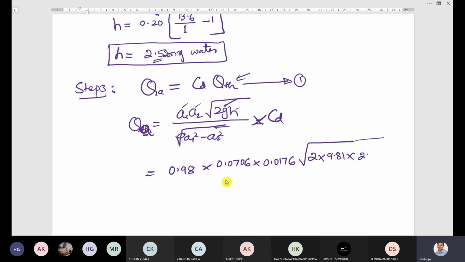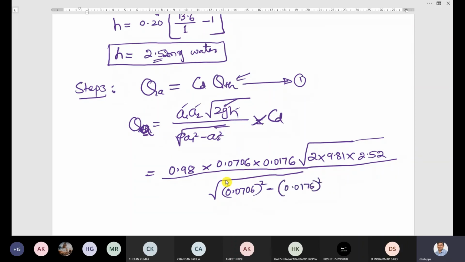In the previous step you have calculated the value of H. Substitute, then the whole divided by the square root of A1 square, 0.0706 whole square, minus A2, 0.0176 whole square.